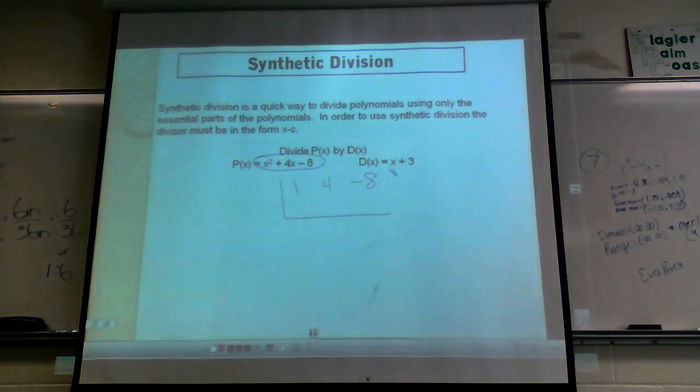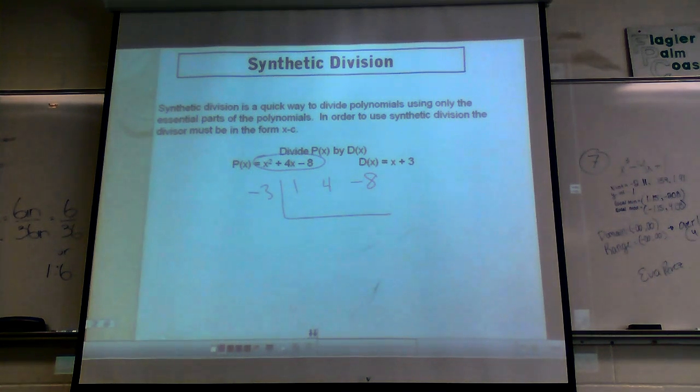All right, and then since I'm dividing it by x plus 3, do you remember what I actually put out here? Minus 3, right? Because it's always what would make that 0. Remember that the whole idea is what you're building up to, guys, is finding zeros anyway. And that's kind of what the synthetic is used for as you start factoring this out.